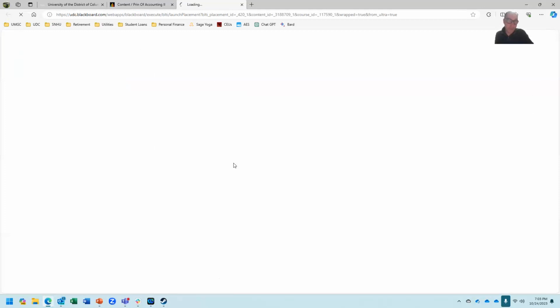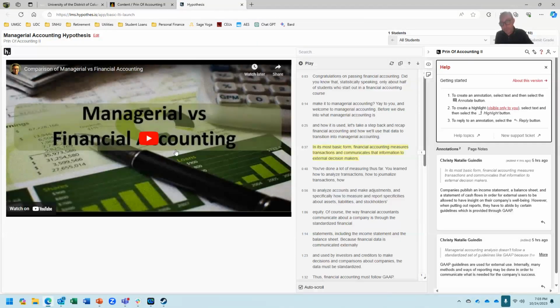You'll click on it, you'll open up the hypothesis, it'll start a video. And the way it works, and I see Christy's already actively in there, is that you'll highlight an area and you'll create an annotation. It could be something like what Christy has here, a sentence or two, maybe a couple of questions. That is what we call an annotation.